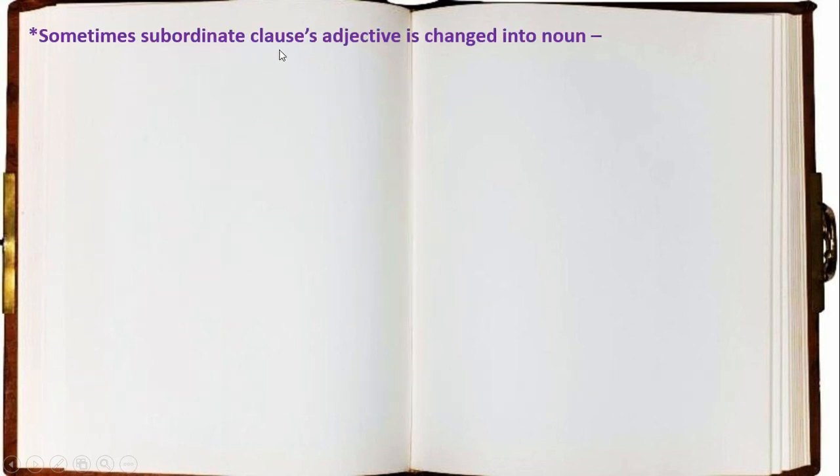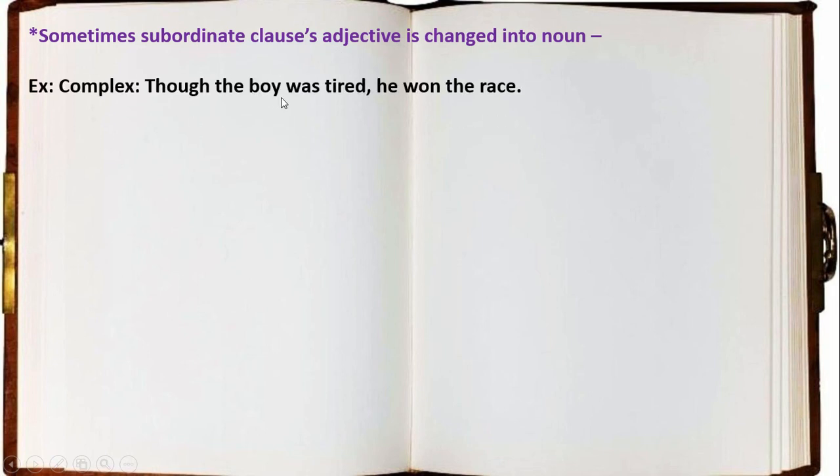Sometimes the subordinate clause's adjective is changed into noun. Look at the example. Though the boy was tired, he won the race. Tired, this adjective we will convert into noun in the simple sentence. It will be like this: In spite of his tiredness, the boy won the race.